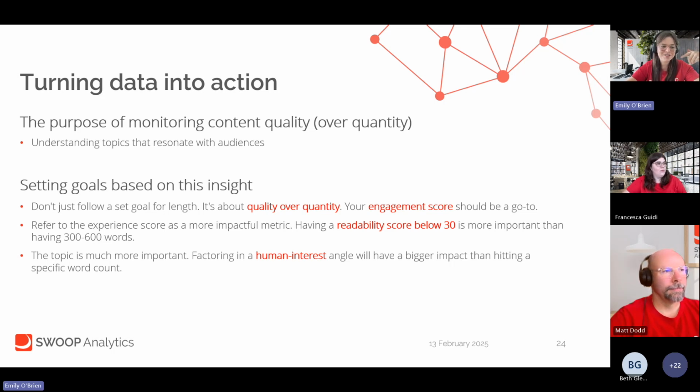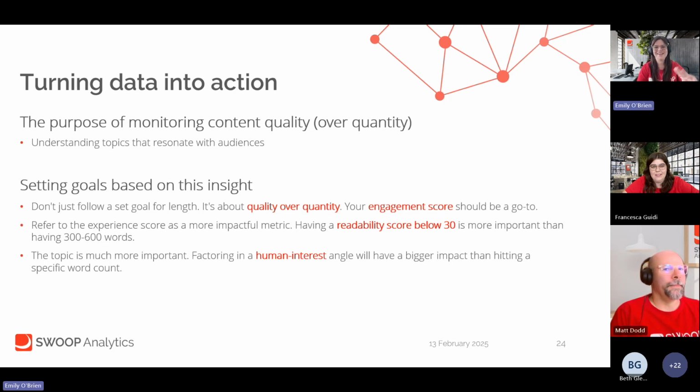So if we wanted to set more targeted goals around content quality, having a readability score below 0, I'm sorry, not 0, 30, a readability score below 30 is going to be a much more impactful goal to work towards, rather than making sure that all of your articles are between 300 and 600 words.